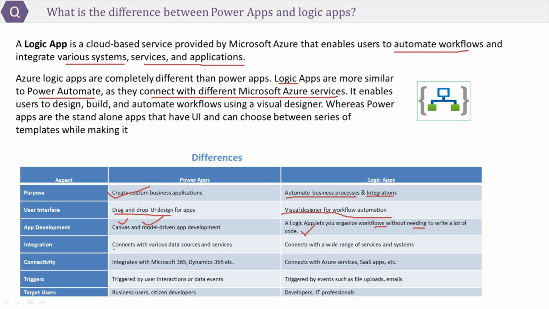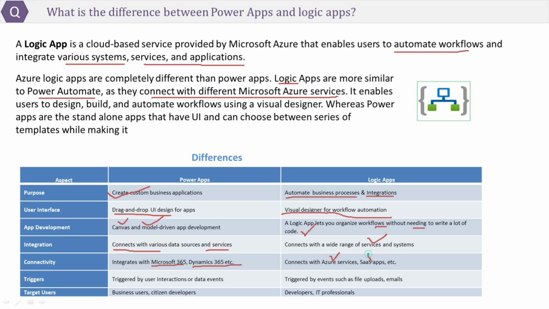Power Apps provide features to connect with various data sources and services, whereas Logic Apps can connect with various services and systems.